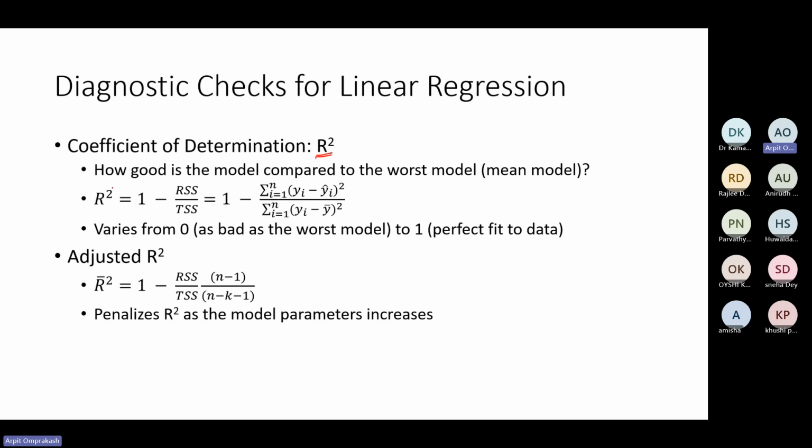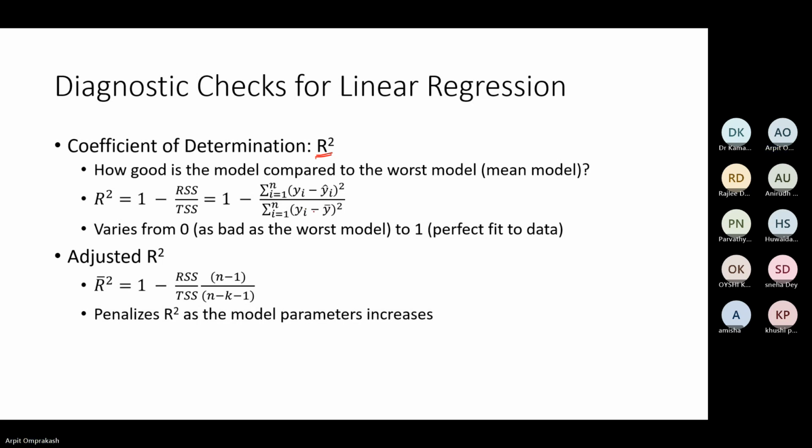In that case, R square is given by 1 minus RSS by TSS, which is the residual sum of squares divided by the total sum of squares. The residual sum of squares is given by y minus the predicted value of y at the given x, whole square, sum of that. And the total sum of squares is given by y minus the mean of y, square of that, and sum over all y values.